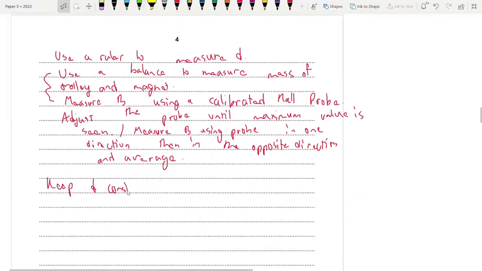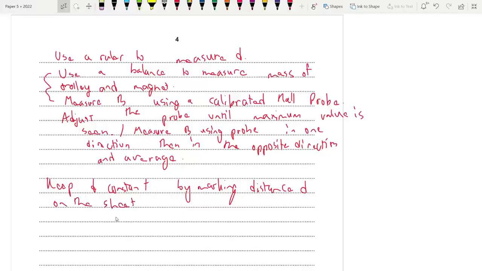Keep D constant by marking distance D on the sheet, or you could just say by marking the position of the trolley, the starting position basically, on the sheet. That's the way.